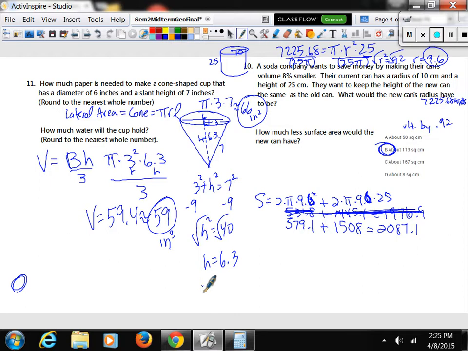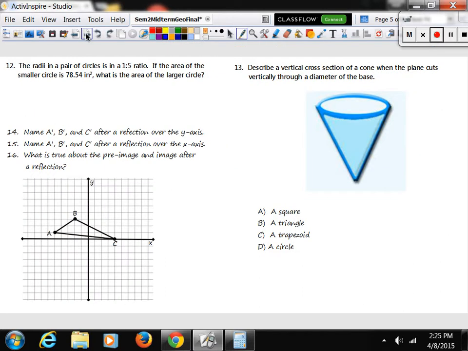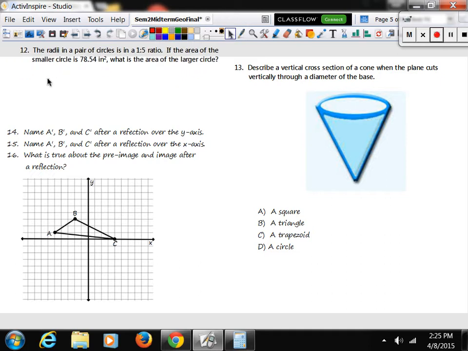All right, there's 11. The radii in a pair of circles is a 1:5 ratio. Circles are similar. So your scale factor is 1 to 5. So your area ratio is 1 to 25 because you're going to square both of these to get the area ratio.